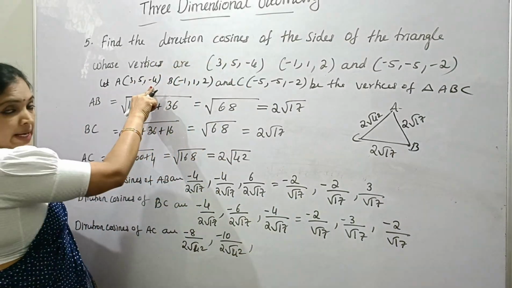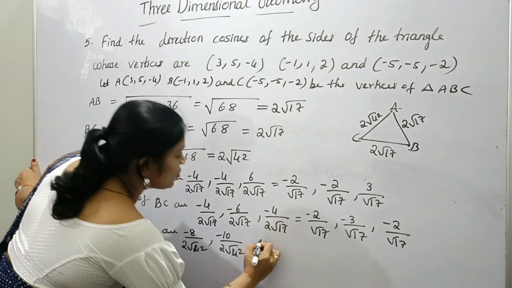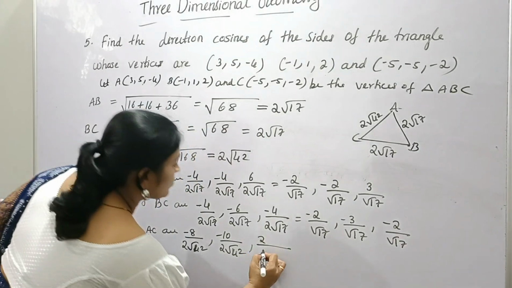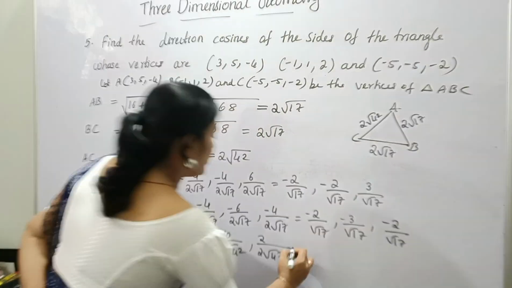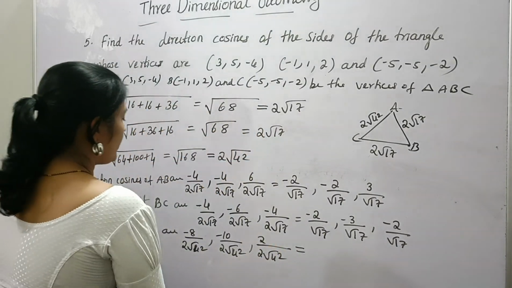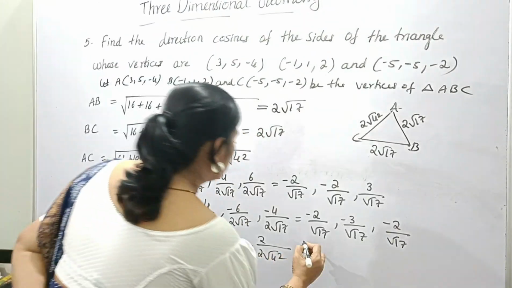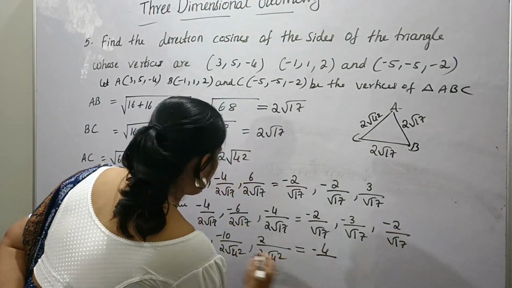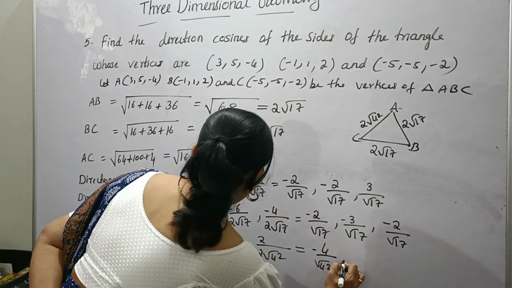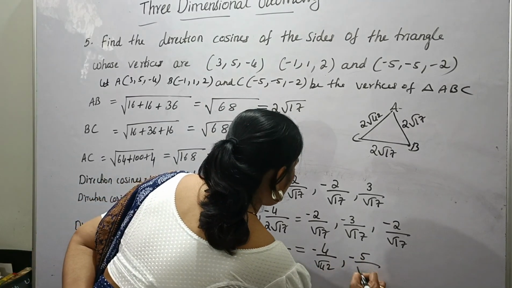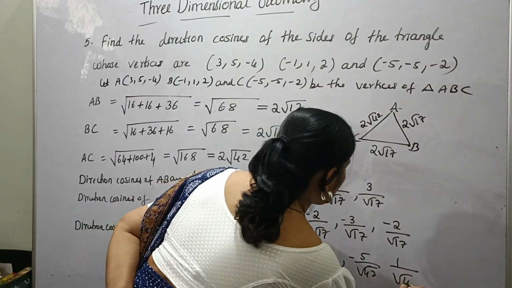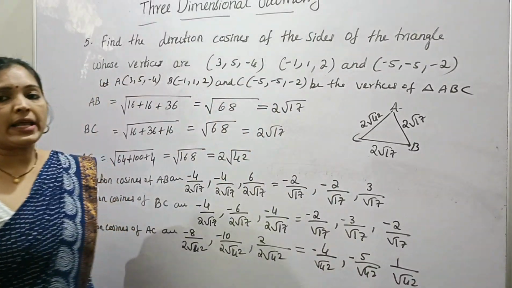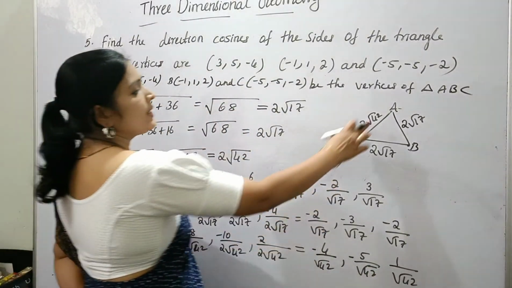Minus 2 minus 4, that is plus 2, divided by 2 root 42. That is equal to minus 4 by root 42, minus 5 by root 42, and 1 by root 42. These are the direction ratios of side AC.